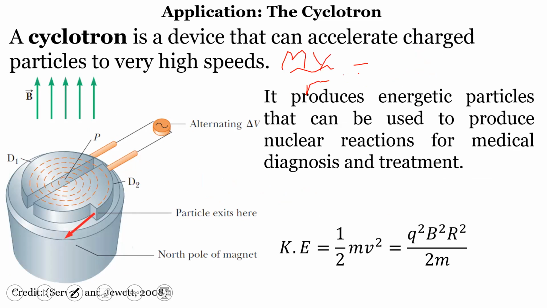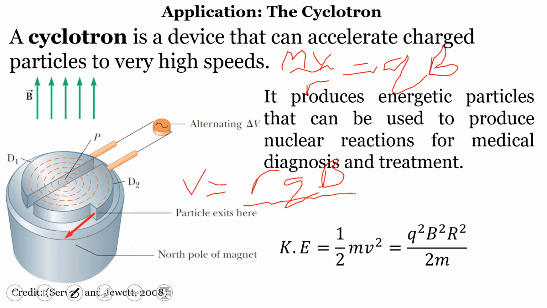mv over r equals QB. And I can say that v is equal to rQB over m. Then v squared should be r squared, Q squared, B squared over m squared. So for half mv squared, we just multiply this by half m.